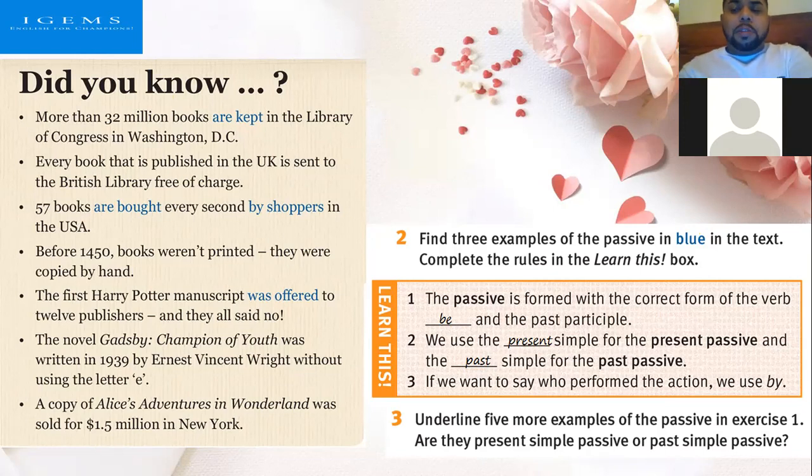Was written is the example. Written, written by, was written. That's right. Yes, was written is the 4th example, and Alice's Adventures in Wonderland was sold is the last one.